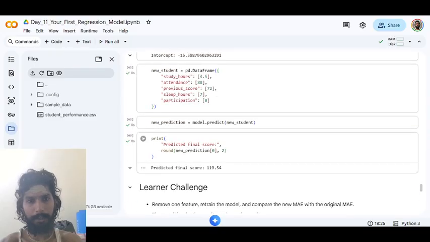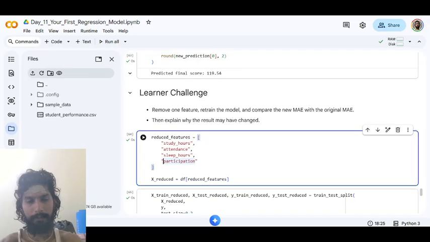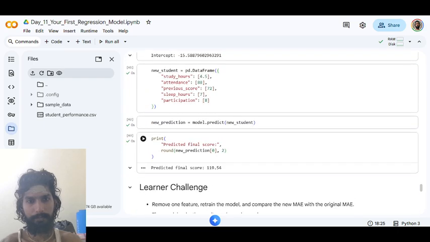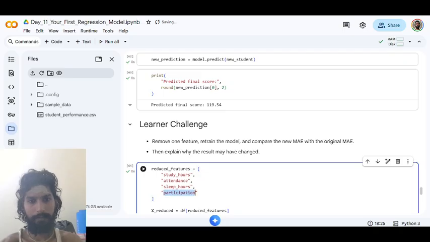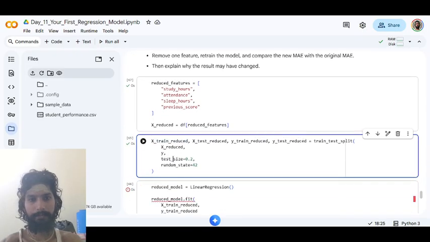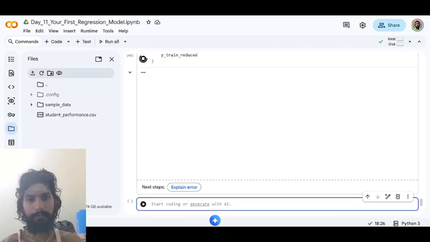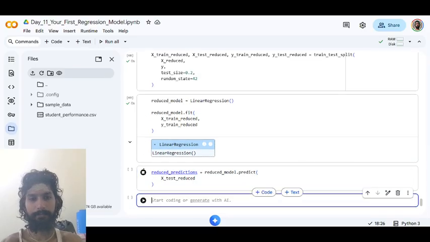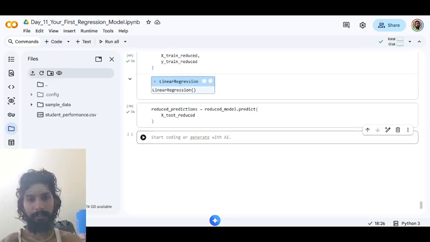So we can remove the participation and keep sleep hours. Now generate the predictions. Calculate the new MAE.